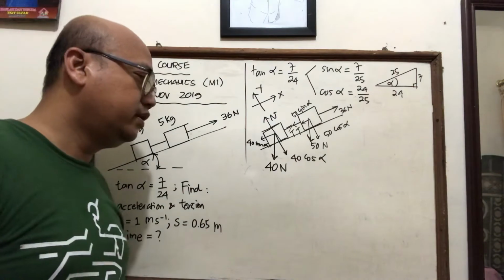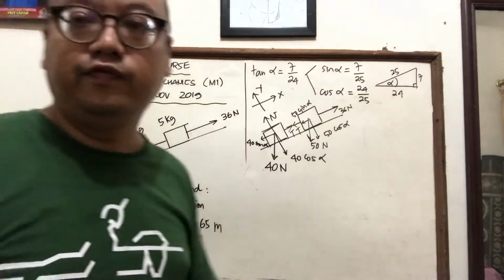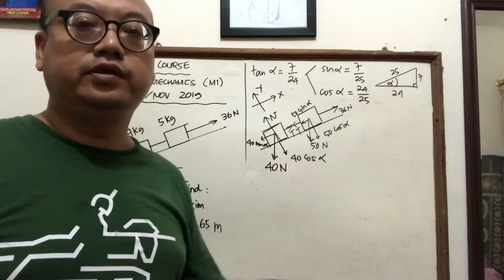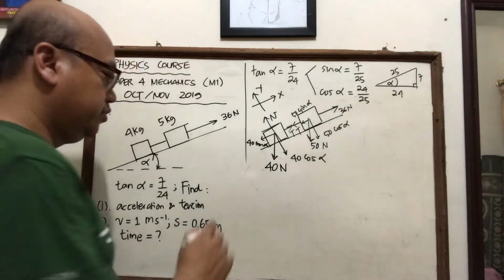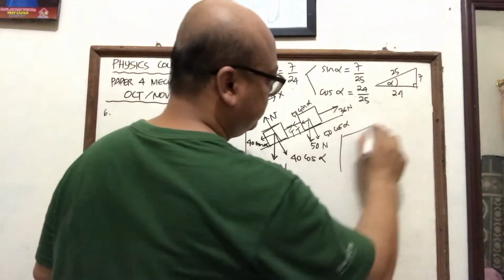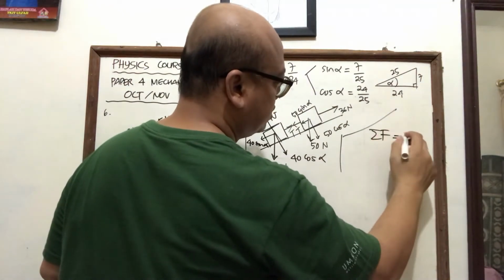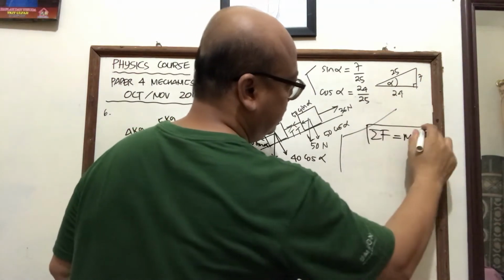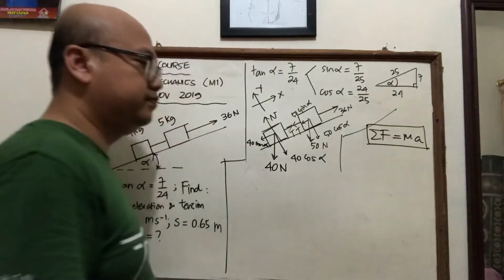Now if we want to find the acceleration of the system, we can use Newton's second law: the total force equals ma.